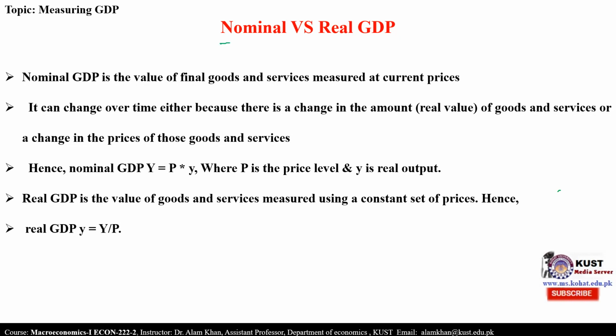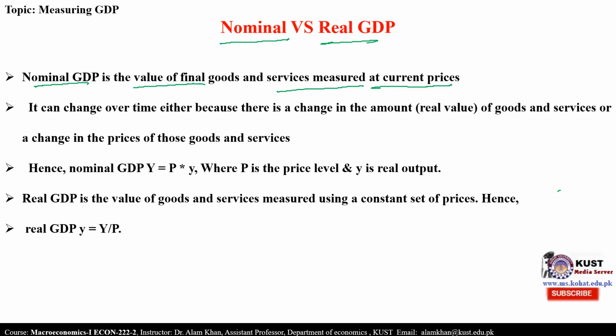There is also another term that is normally used in macroeconomics: nominal versus real GDP. Nominal GDP is the value of all final goods and services measured at current prices.